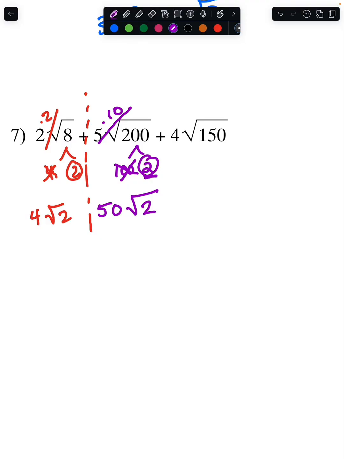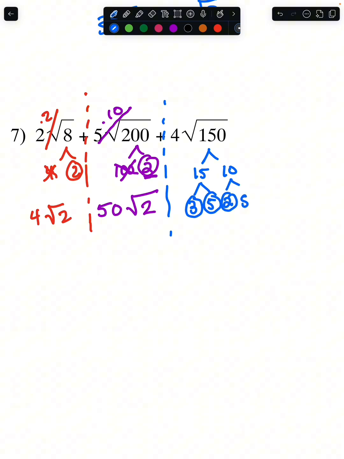Okay? And then we got to do the 4 square root of 150. Let's break down 150. Well, the first thing that comes to my mind is 15 times 10. And this 15 breaks down to 3 and 5. 10 breaks down to 2 and 5.